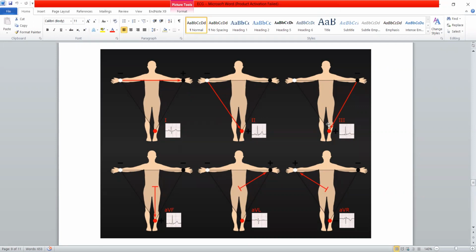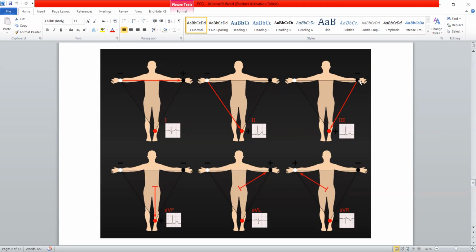The third bipolar limb lead is lead 3. Lead 3 also has its positive terminal on the left foot like lead 2, but its negative terminal is on the left arm. So these were the three bipolar limb leads.